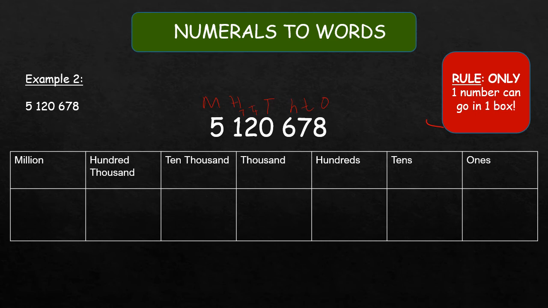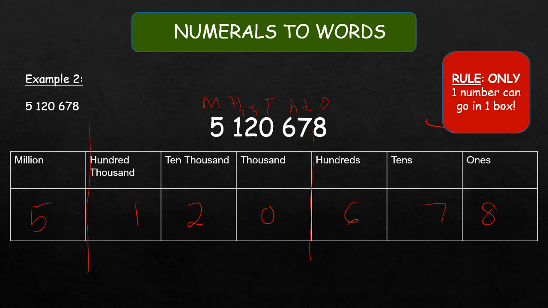So these are the place value, and then you just divide the family and then fill in the numbers 8, 7, 6, 0, 2, 1, 5.